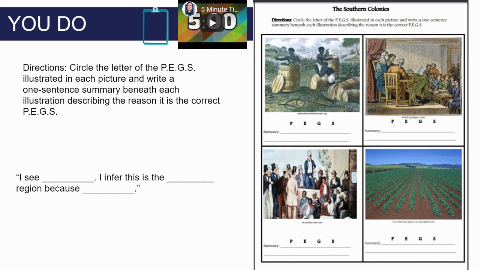Social classes and political both involve people. However, all social classes are not involved in politics of Southern colonies. So remember that as you look at your visuals. Go ahead and pause your video. Take about 5 minutes to finish the last three visuals, and then come back so that we can check it together before you move on to your assessment.